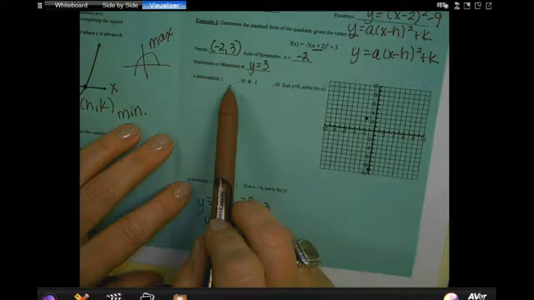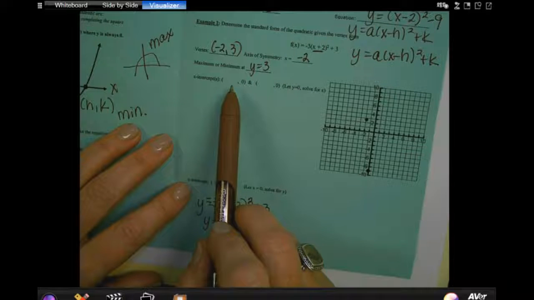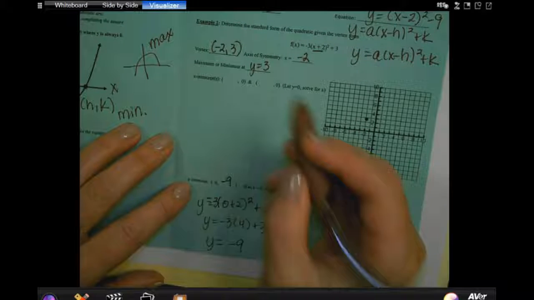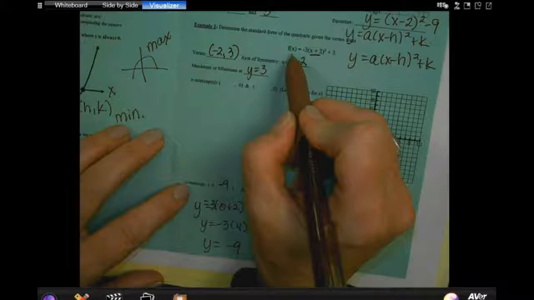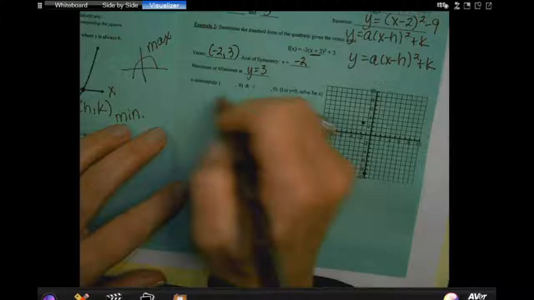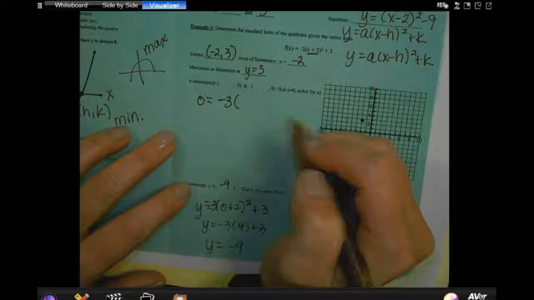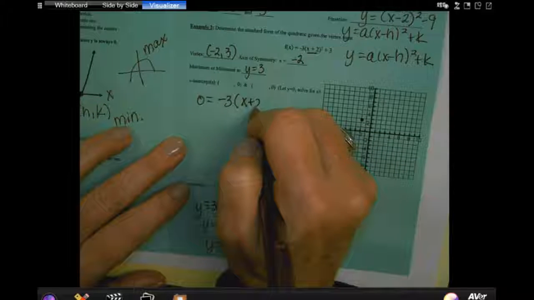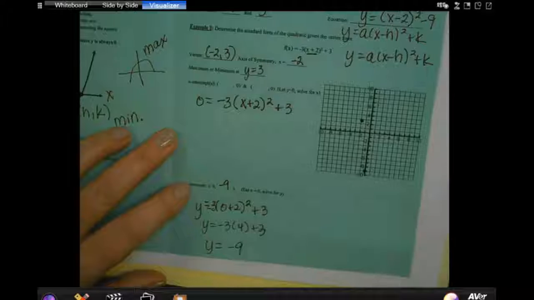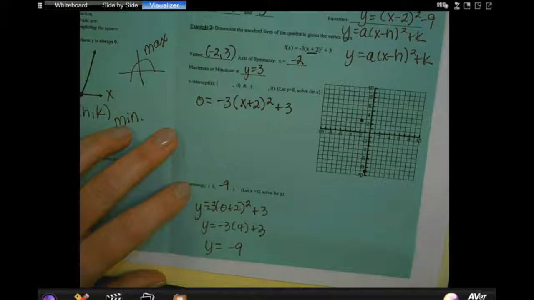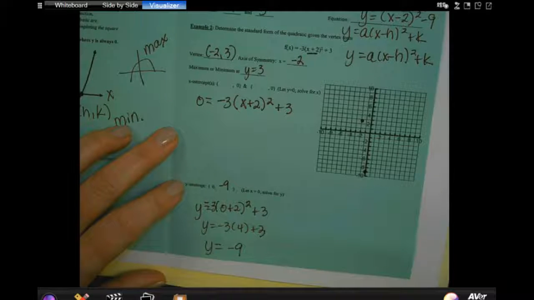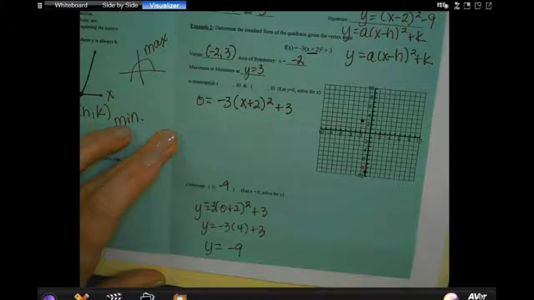So I want to find my x-intercepts. So what is y always equal with the x-intercept? 0, right? So I'm going to fill in 0 for the y. And what I want to do is solve for x.